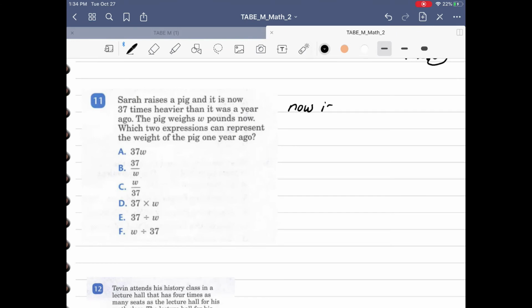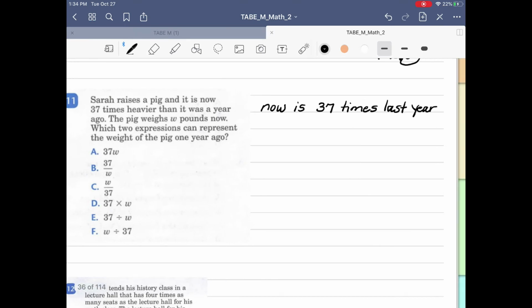Now the pig is 37 times heavier than it was last year. It's grown. That makes sense. The pig weighs W now. So W is 37 times last year.